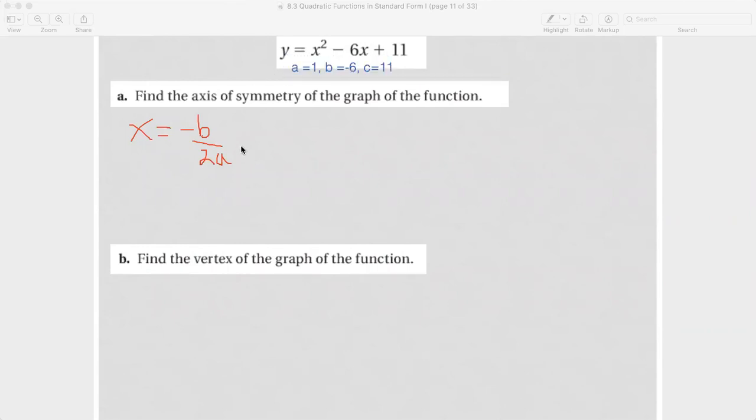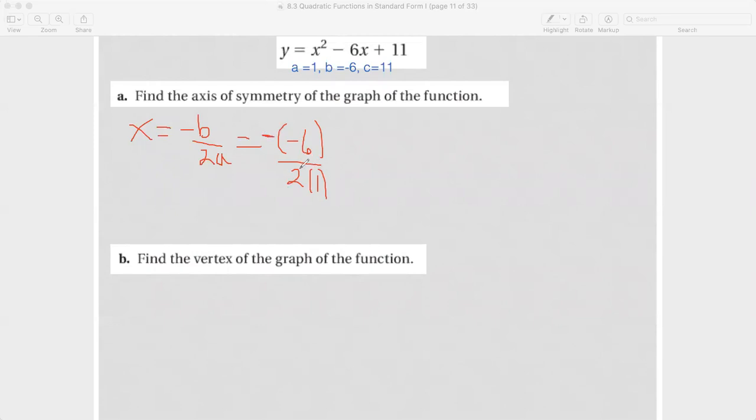So then that makes x equals negative 6 all over 2 times a. So I also hope you guys notice, I actually take time showing me plugging in. I don't do this part in my head because I don't want to mess up on something so simple. A lot of simple mistakes happen here.